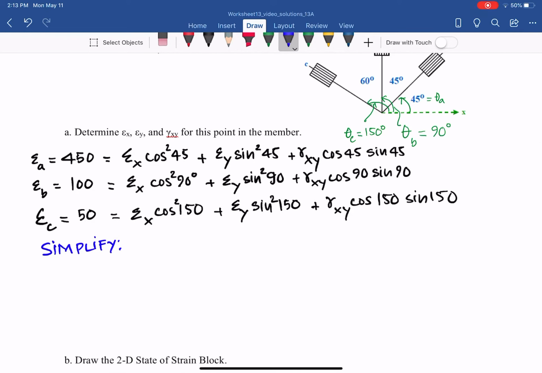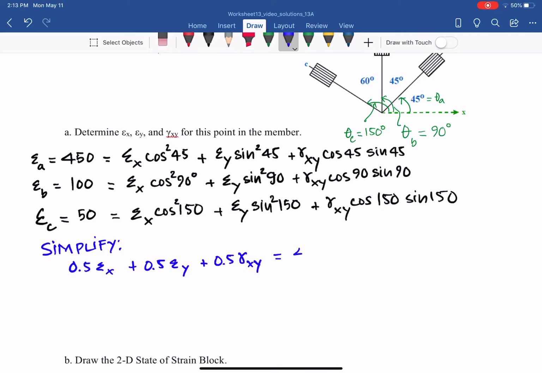The first equation: cosine 45 degrees square is 0.5, so I have 0.5 epsilon x, similarly 0.5 epsilon y, plus 0.5 gamma xy, equal to 450 micro.